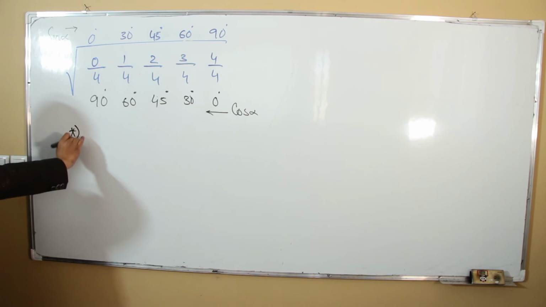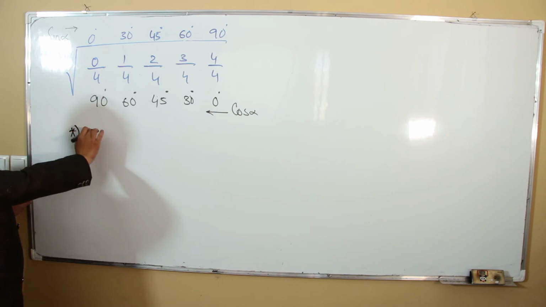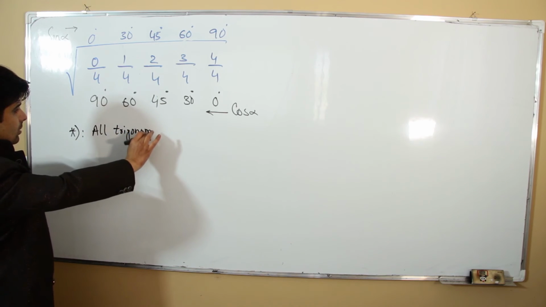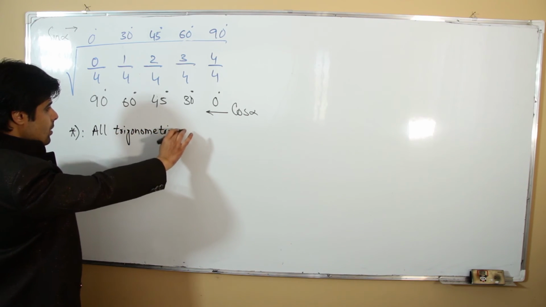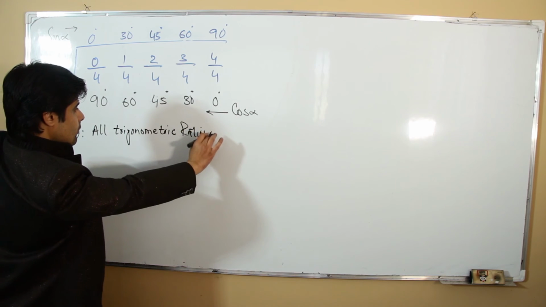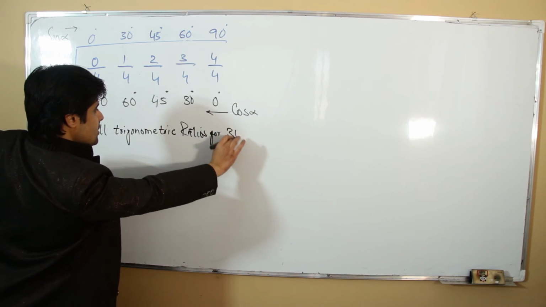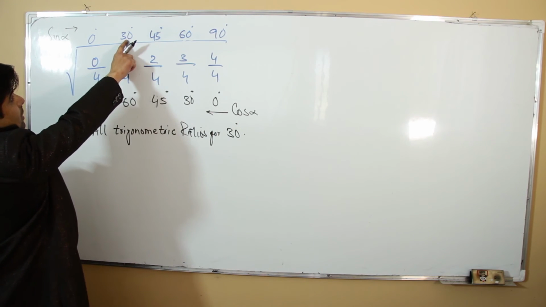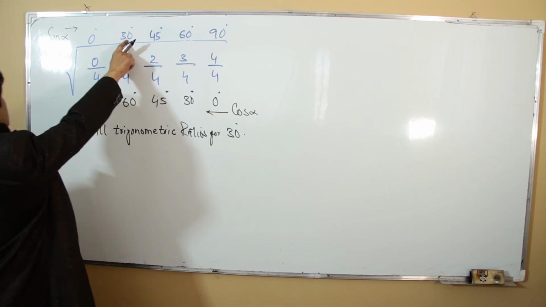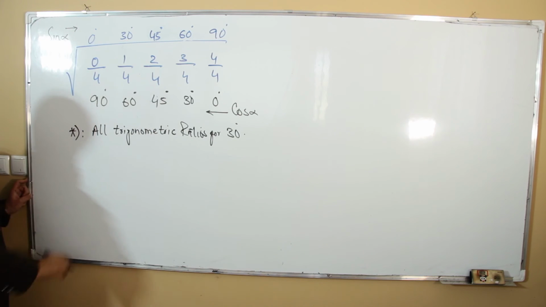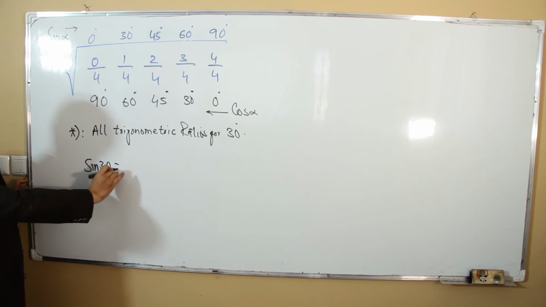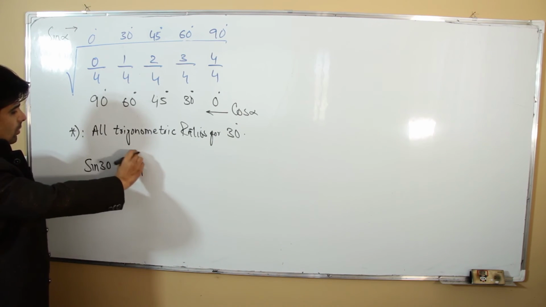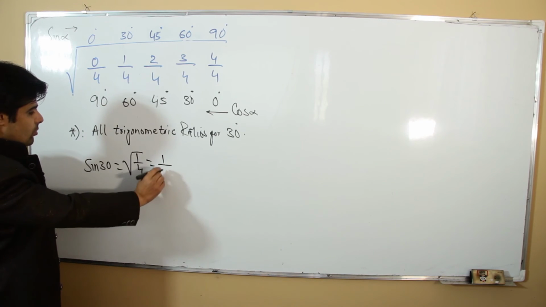Suppose, for example, all the trigonometric ratios for 30 degree. Now, how can we do it? This is your 30. If you want to define sine, it starts from left to right. Sine of 30 is equal to root 1 by 4. Root of 1 is 1, root of 4 is 2.